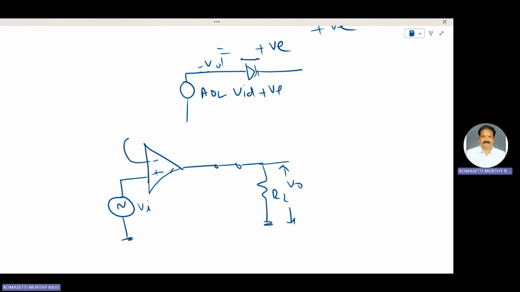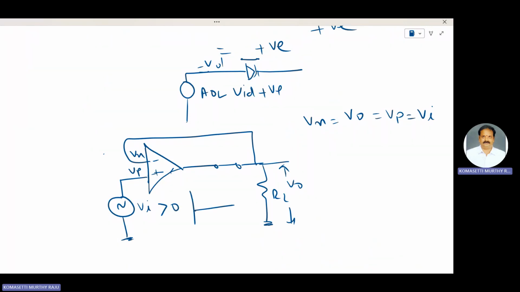This is V naught. This one is Vn, this is Vp. Vn is equal to V naught. These two are virtually shorted, so V naught goes to Vp. Vp is equal to Va.